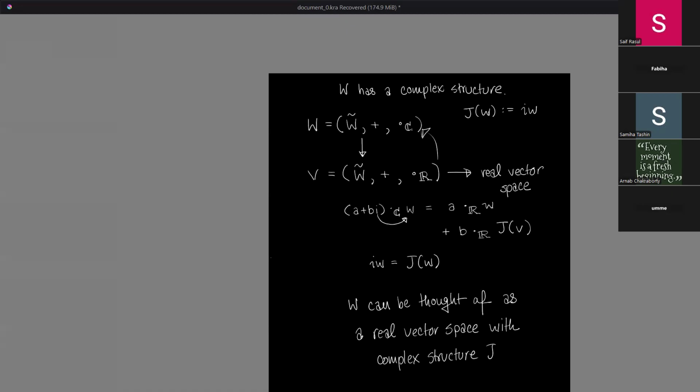So I just wanted to keep that point for later, and by the end of it, it will be clear how we decompose W into V. But yeah, it is a good concern.